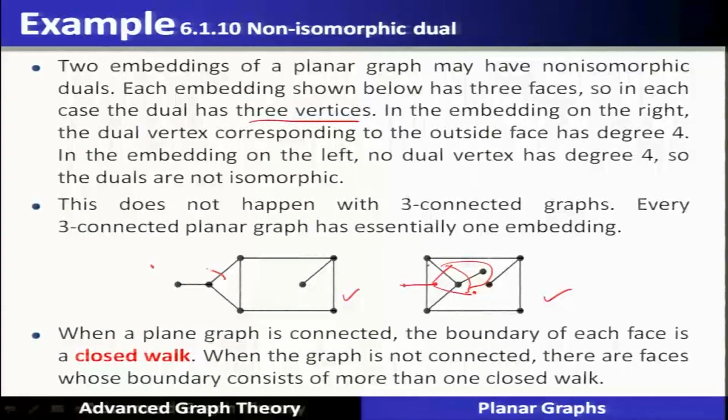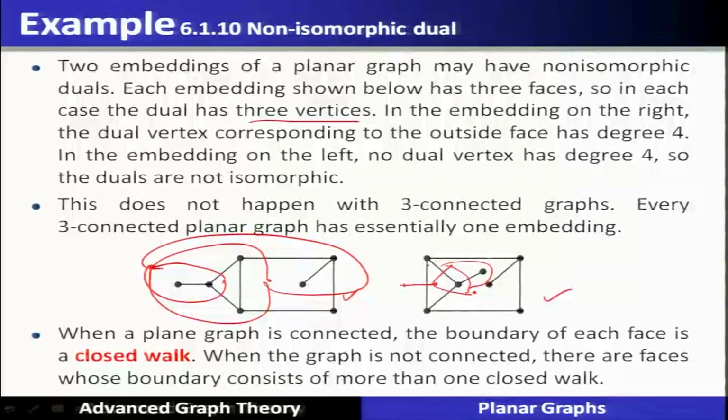Here in this particular outside case, 1, then 2, then this will form 3, then this will form 4 and 5. It is more than 4, and here the dual will be of degree 4.